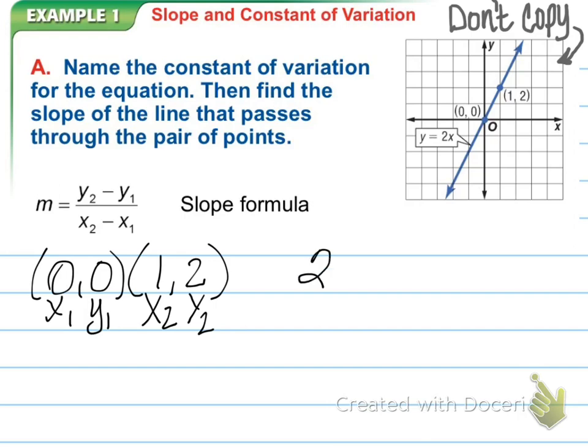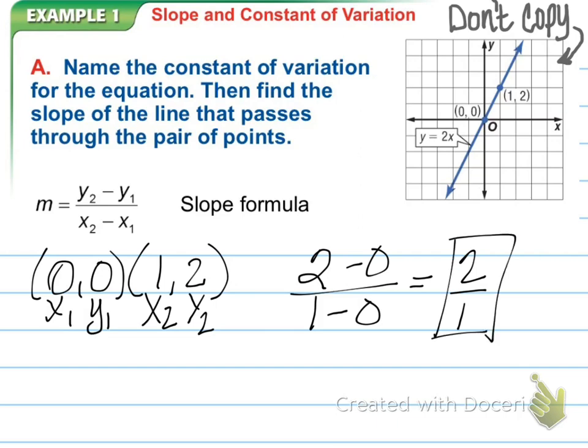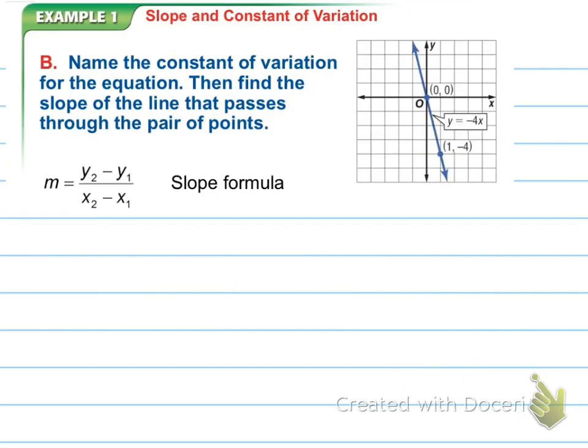So you have 2 minus 0 over 1 minus 0, and so you have 2 over 1. So remember, that's the slope, and that is also your constant of variation. And that's it. That's all you have to do. Okay? So let's do another one.